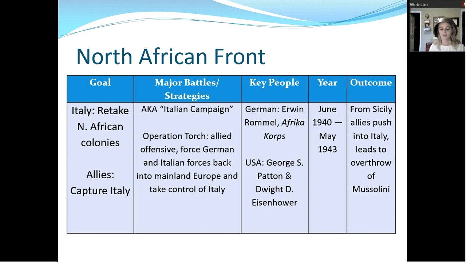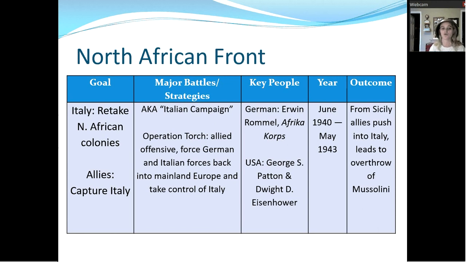The main operation that we have here is called Operation Torch. It is the Allied offensive that is attempting to force the German and Italian forces back into mainland Europe, off of the control of North Africa, and take control of Italy here. Some of the key people: the German leader named Erwin Rommel is in charge of the Afrika Corps. This is the main leader that we're fighting against.